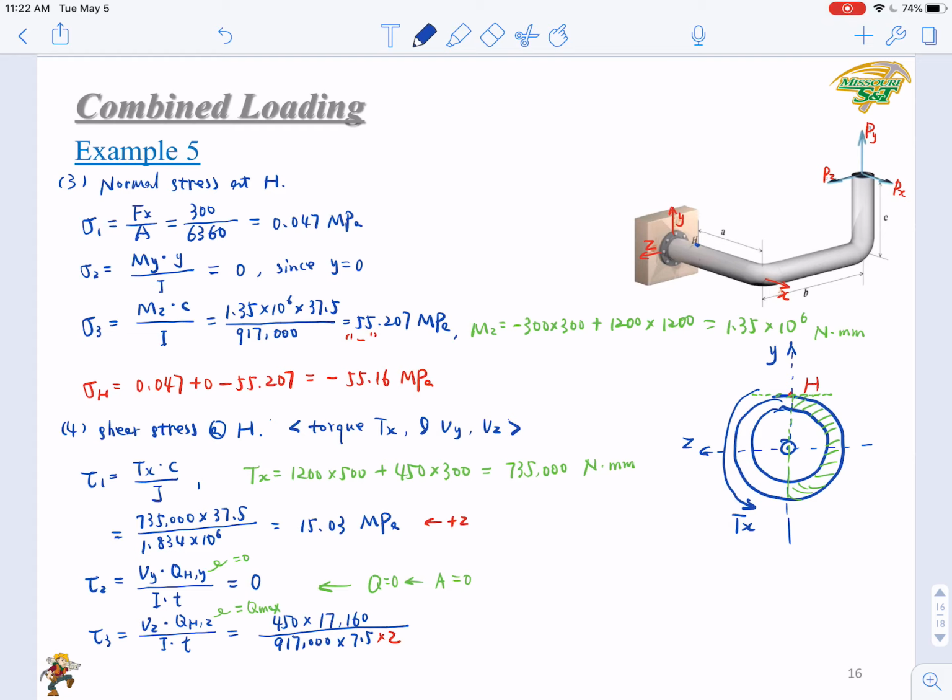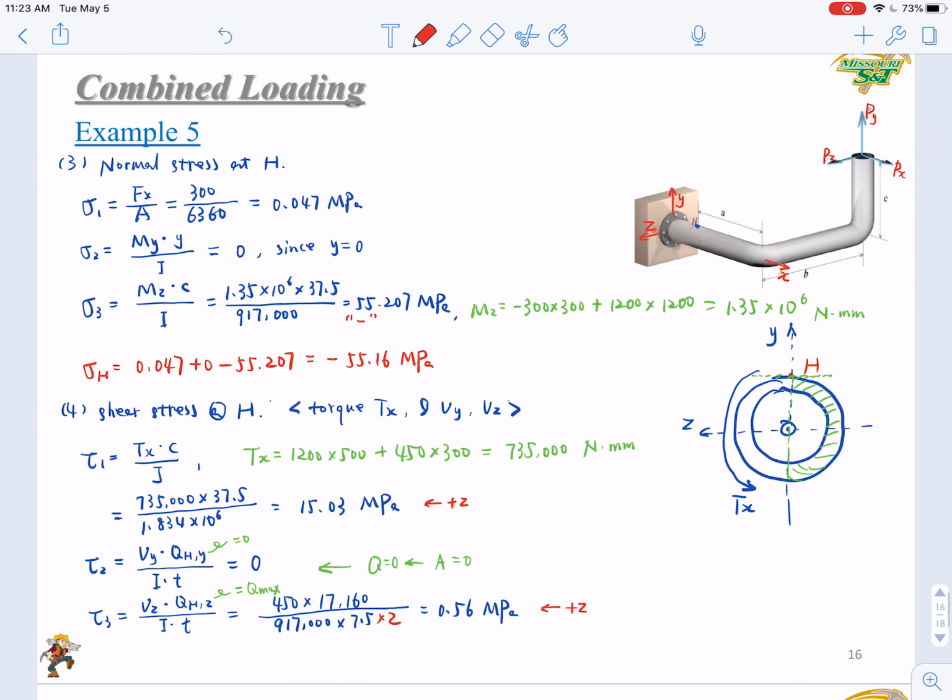Then here you will get a result that is 0.56 MPa. So what is the direction? Since the V is along positive z direction, this will be along positive z direction too.